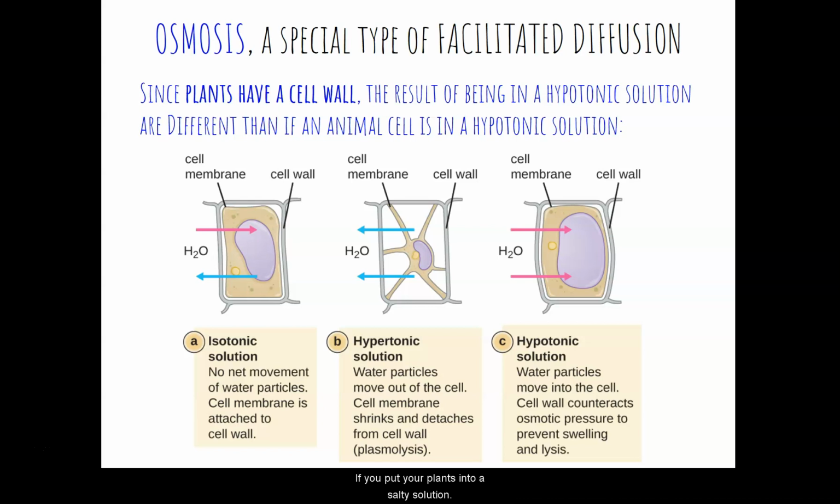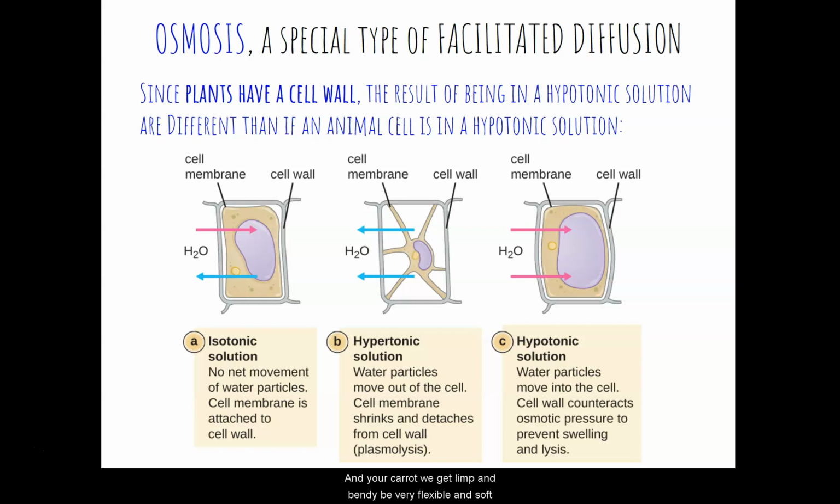If you put your carrot into a salty solution, what would happen very quickly is water would move from the cytoplasm in your carrot into the salty water outside of it. And the cell membrane would shrink away from the cell wall, and we would have what's called plasmolysis.